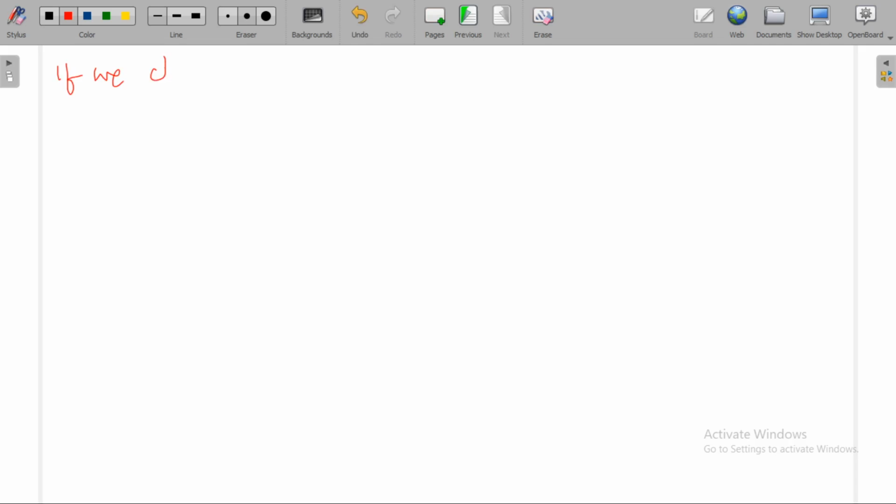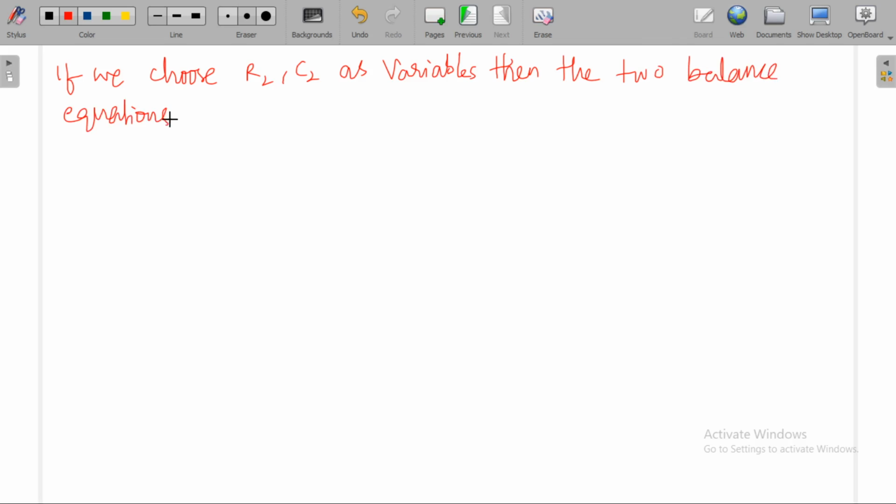If we choose R2 and C2 as variable elements, then the two balance equations are independent of each other.